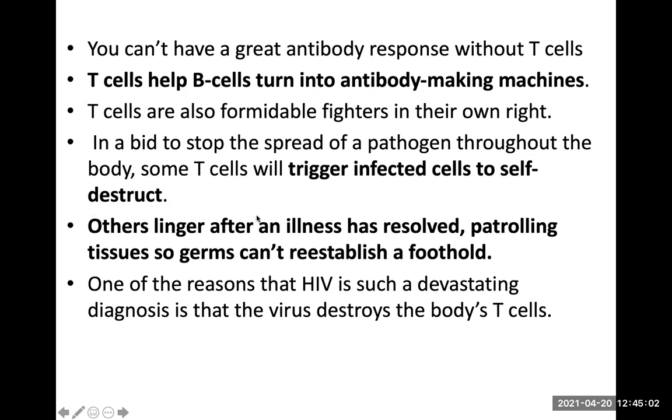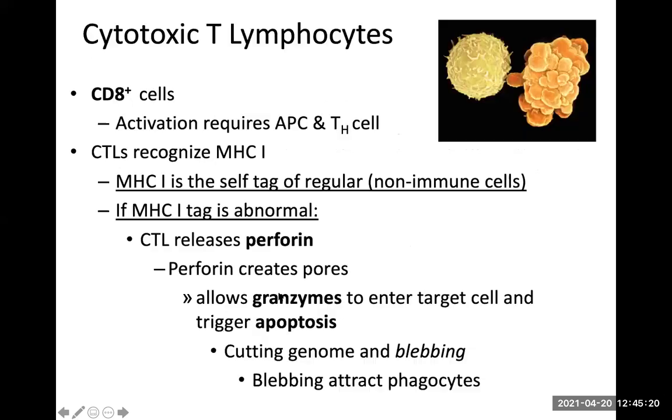So T cells are super important to our immune system. And this is one of the reasons why HIV is so devastating, is it takes out those CD4 cells. And so that really devastates the immune system. Okay, so what are CD8 cells?